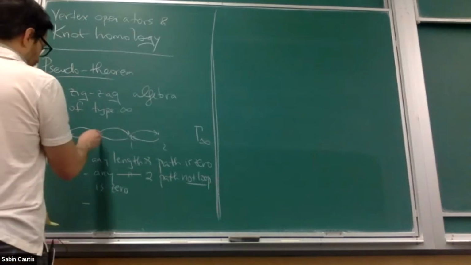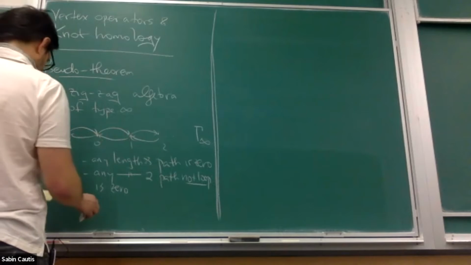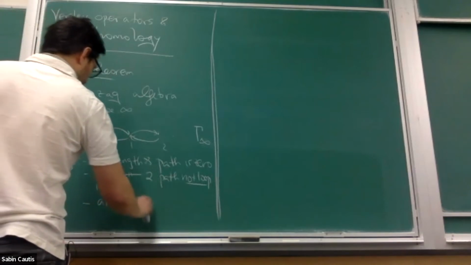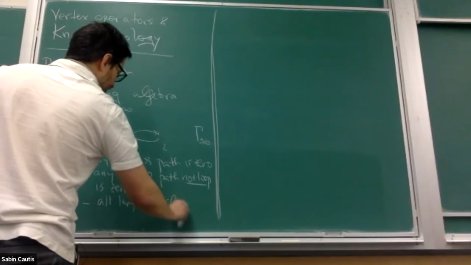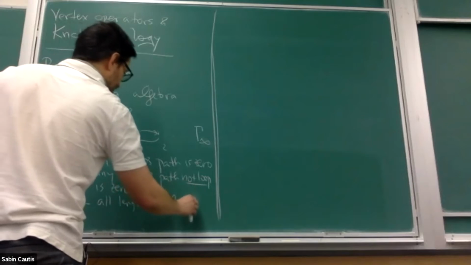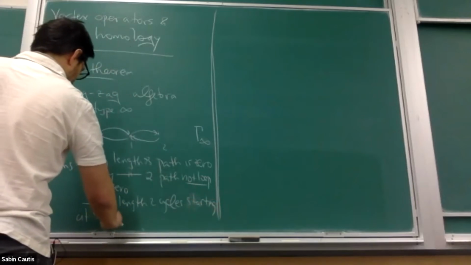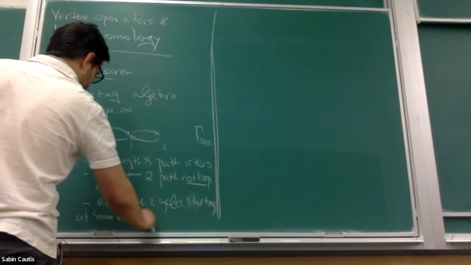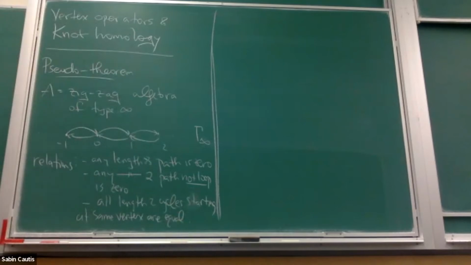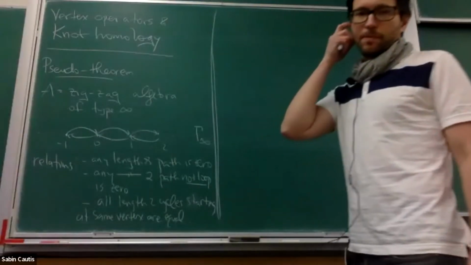The final relation is that one loop is equal to any other loop as long as you fix the vertex. So all length 2 cycles at the same vertex, starting and ending at the same vertex. So let me stop there, since I'm sure most of you are familiar with this and have seen it before.